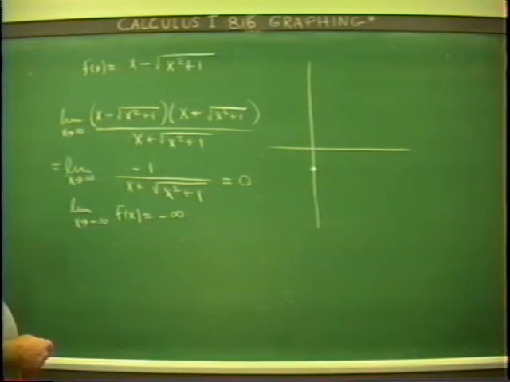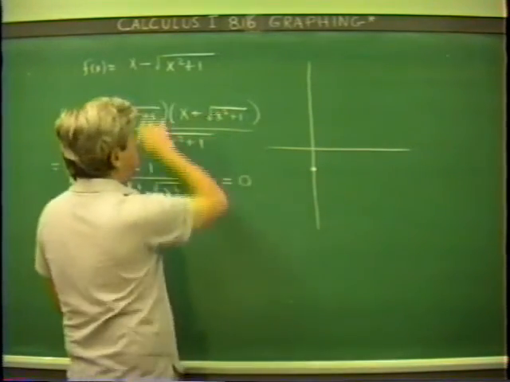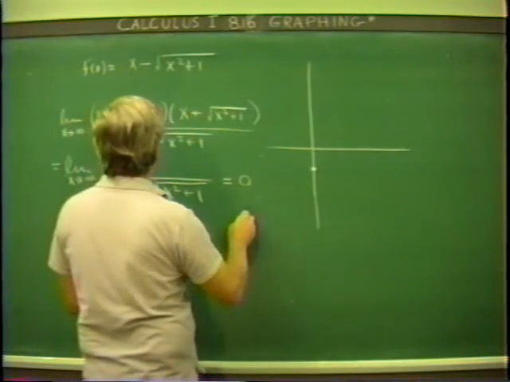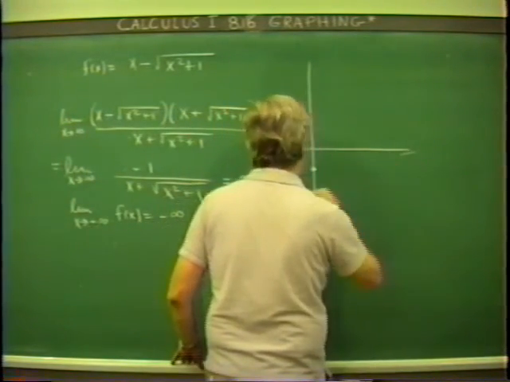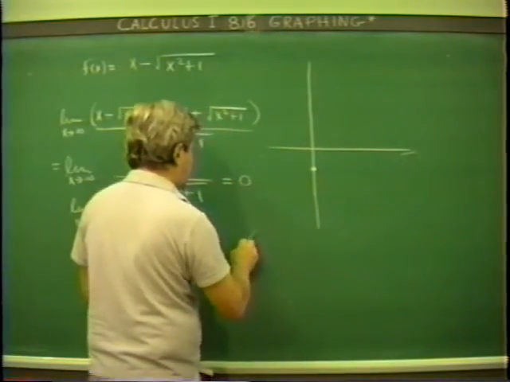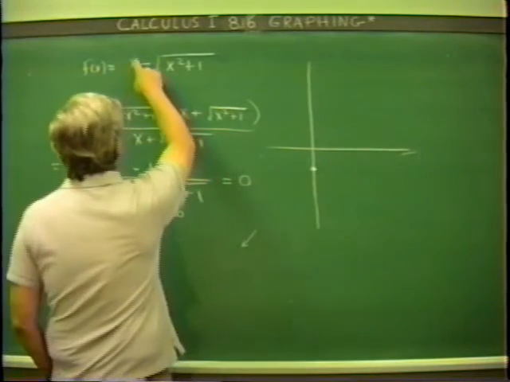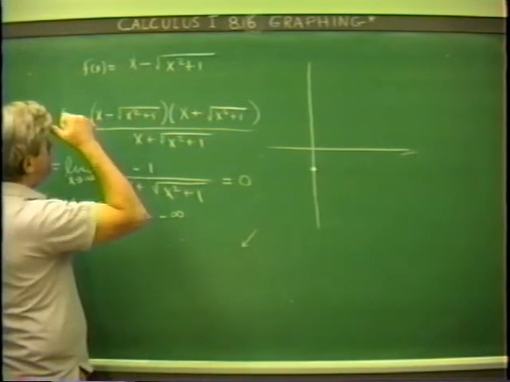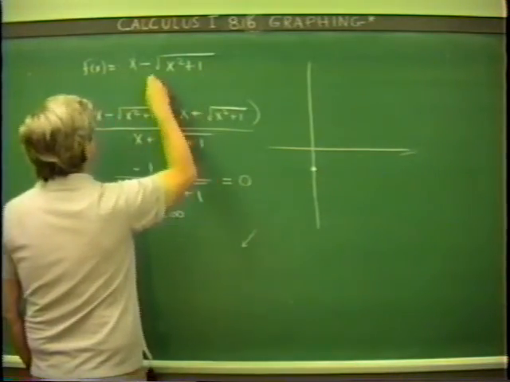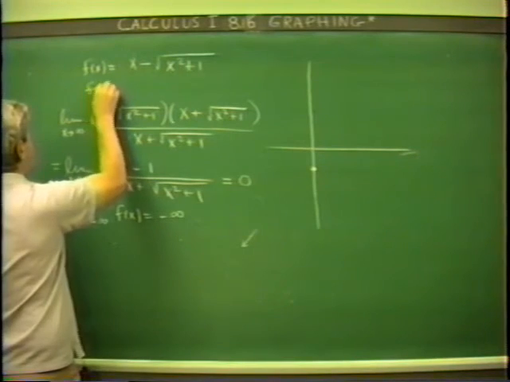A simple point would be perhaps 0, for example, where the function is minus 1. At this point, you might suspect this function is never positive. It's going to have an asymptote of 0 here, and it's going to approach minus infinity down here. Does this function ever become positive?